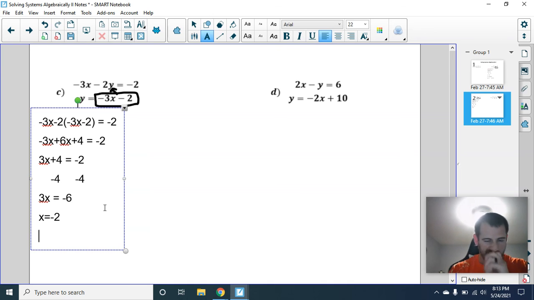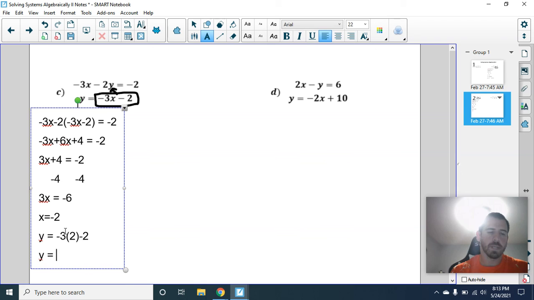Okay, so we take this y equals negative 3 times our x that we found, which is -2, minus 2, and then we just solve that. Y equals negative 3 times -2 gives me positive 6. Positive 6 minus 2 gives me 4. So our final answer is negative 2, 4.